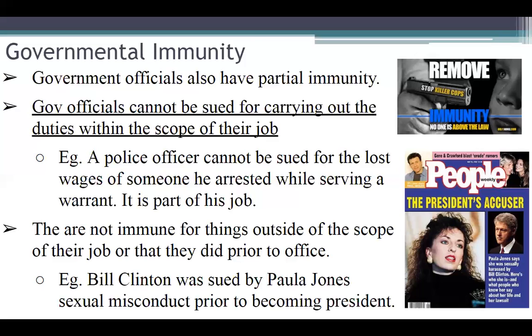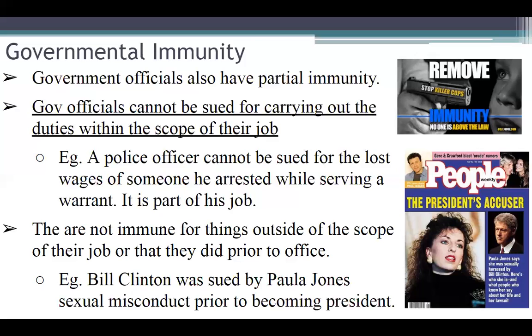Another very prominent example is that police officers cannot be sued for doing parts of their jobs, right? So for example, if a police officer arrests you because they're serving a warrant, right? They have a warrant to arrest this person, or there's an outstanding warrant and they arrest this person.